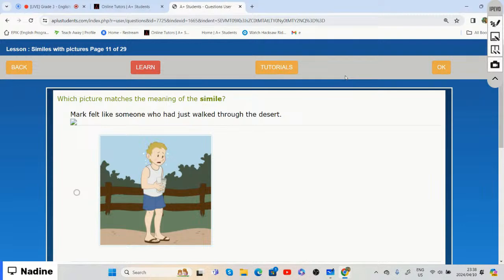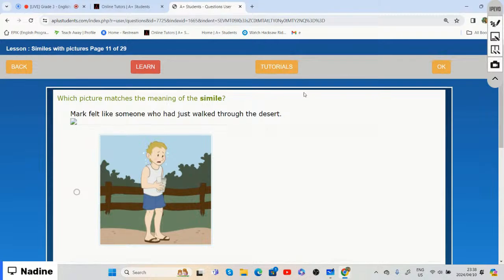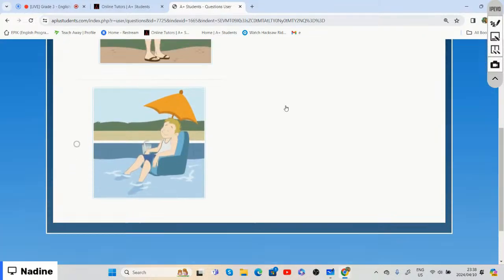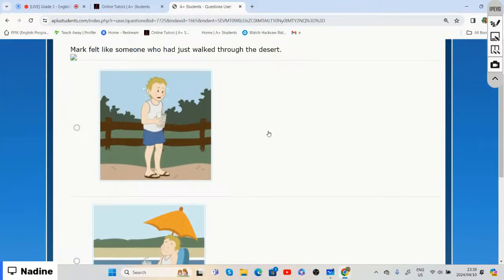So in this case, we are comparing Mark to someone that is walking through the desert. And if we look at someone walking through the desert, we think of lots of sand, we think of somebody being tired and hungry and extremely thirsty, right? And if you look at the options, then we can say it is the first one. It says, Mark felt like someone who had just walked through the desert.